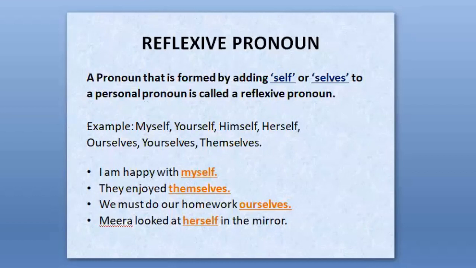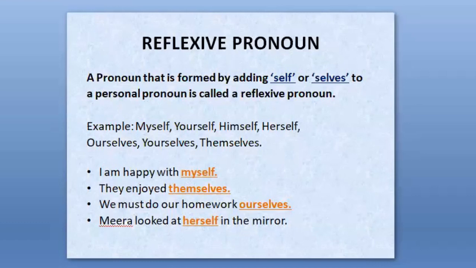Okay, children, so the reflexive pronoun changes according to the gender and its plural forms. So remember which pronoun you are going to use and when. Now, children, we studied the 4 types of pronoun: personal pronoun, interrogative pronoun, possessive pronoun, and reflexive pronoun.